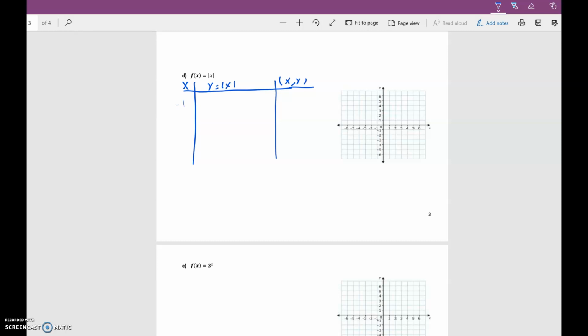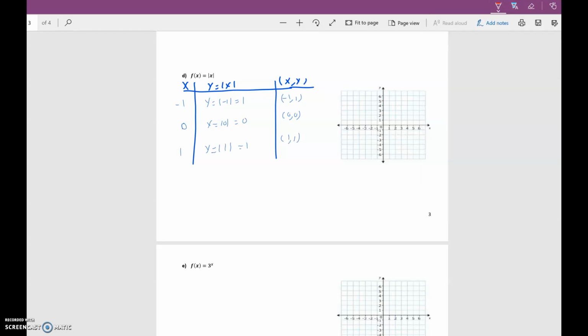So let me start with -1, 0, and then 1. The absolute value of -1 is equal to 1. So -1, 1. The absolute value of 0 is equal to 0. So 0, 0. And y is equal to the absolute value of 1. This is 1. So 1, 1.